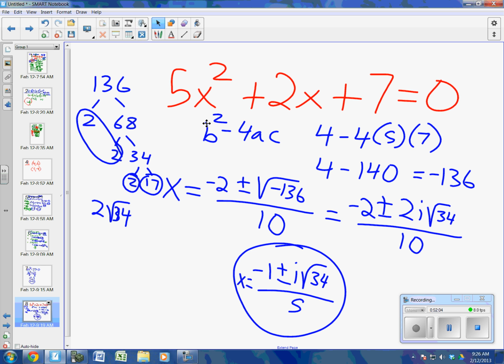All you have to do to solve a system is solve for y in the linear equation, substitute that in for y in either the quadratic equation or the linear or the circle, and your equation will become a quadratic equation that you can solve by using the quadratic formula. That's all you have to do. Got it? That's all you have to do on that one. It's back to the quadratic formula again. Okay? Or factoring if it factors. Okay? All right.